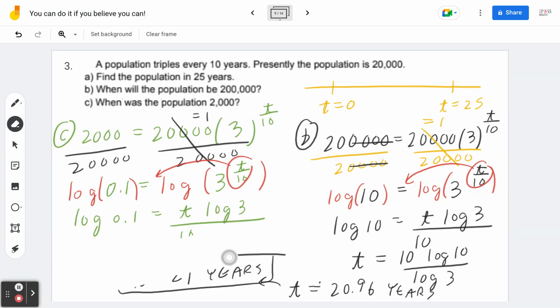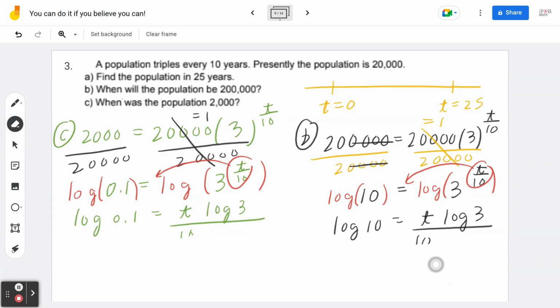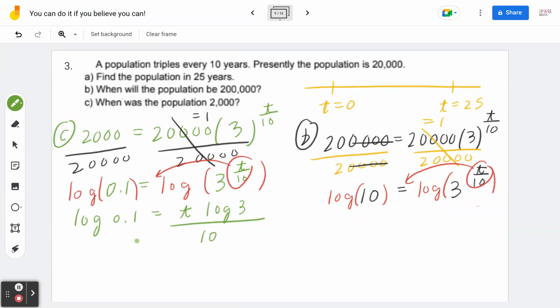Let's create some space. So now, if I keep going, let me just write this out again. T divided by 10 times log of 3. So t equals, the opposite of dividing by 10 is to multiply by 10. So 10 times log of 0.1 divided by log of 3.